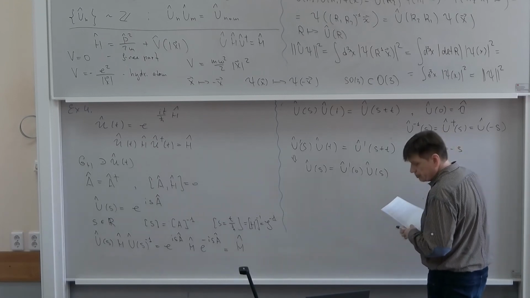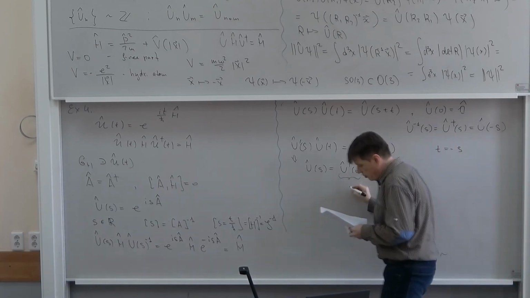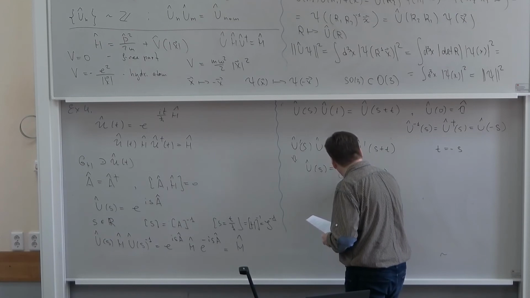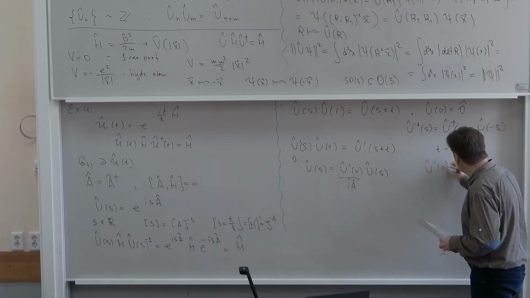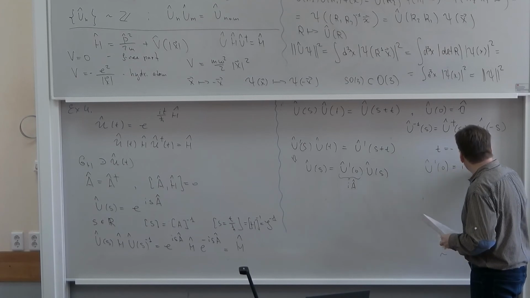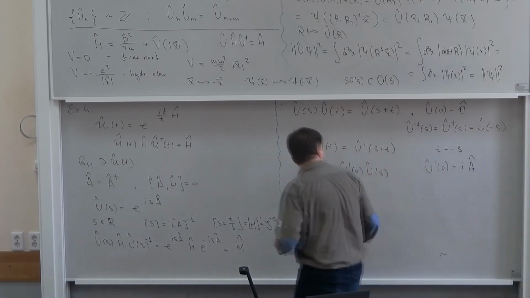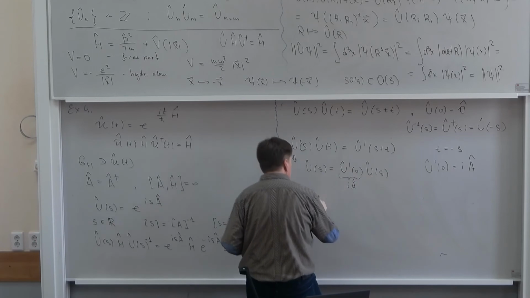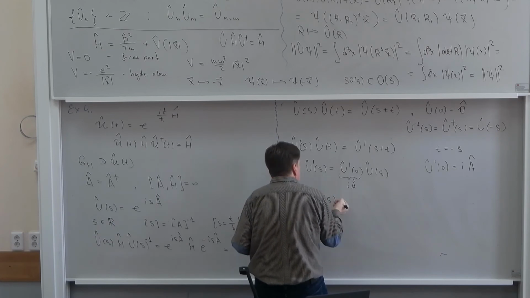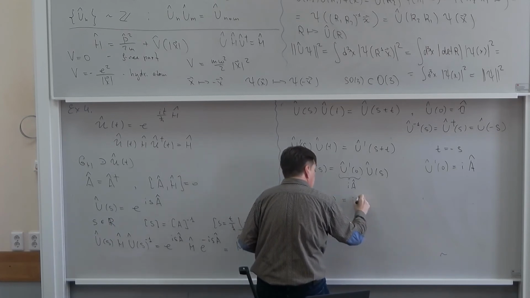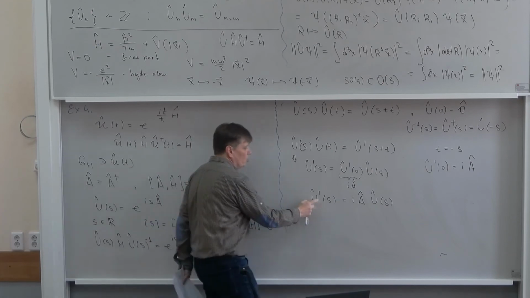Now let me denote this operator U prime of 0 as i times A, so by definition i times A. With this definition the last equality takes the form of a first order differential equation for the unknown operator U of s.